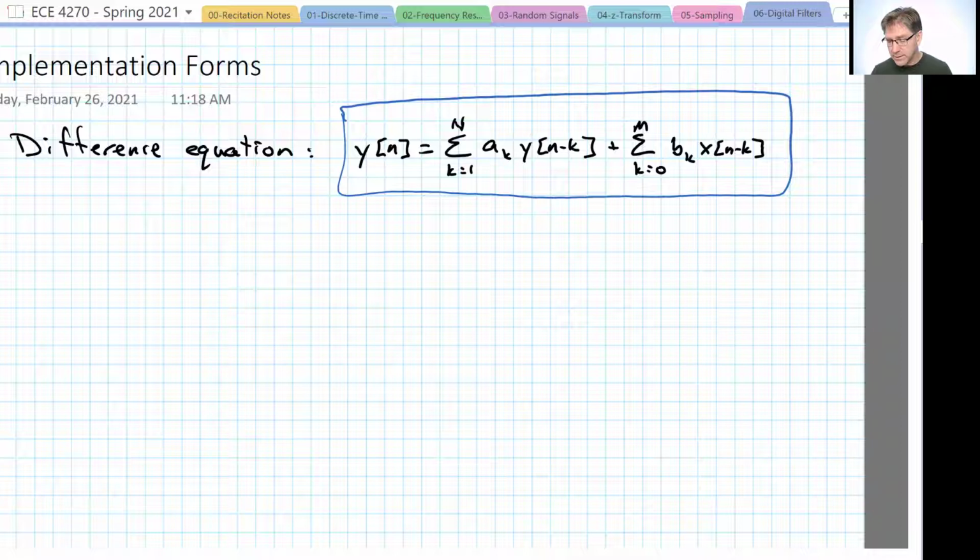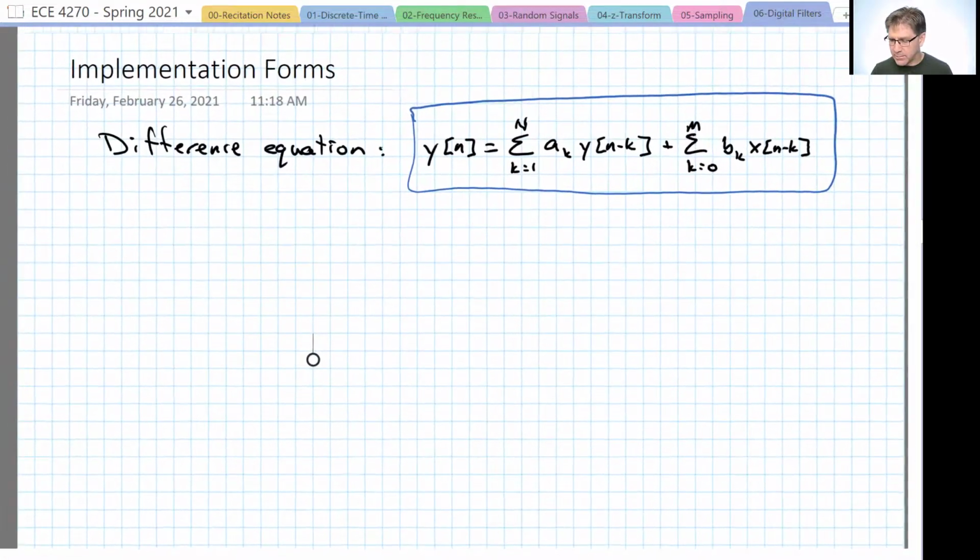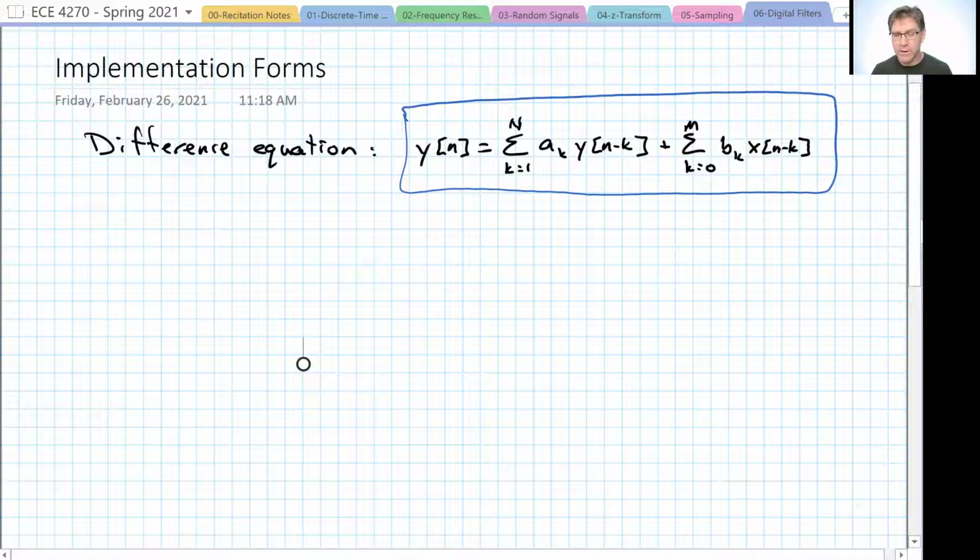But that negative sign could be absorbed into the y's, or into the a's, and it could be written this way with the a's still positive. And that's what the book is doing, so that's what I'm going to do right now. Once again, if you're ever implementing this, say in MATLAB or C or Python or whatever language you've got, and there's a function for filtering, you need to know which convention they're assuming.